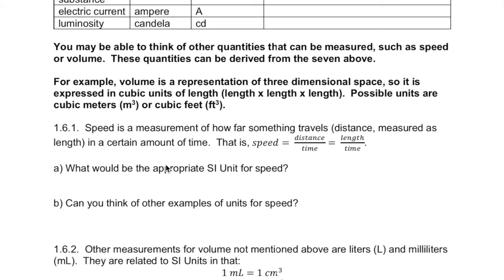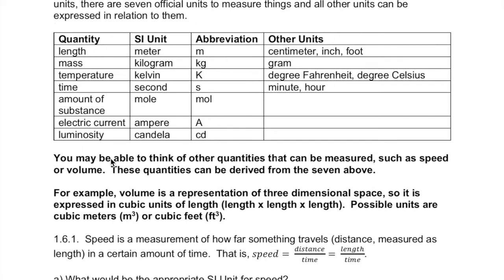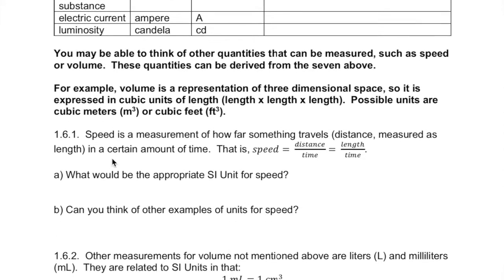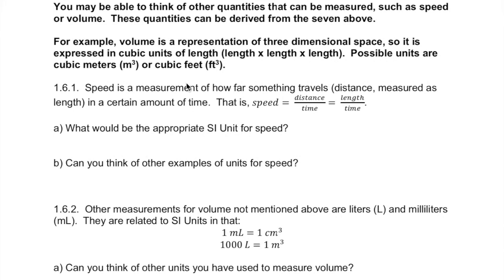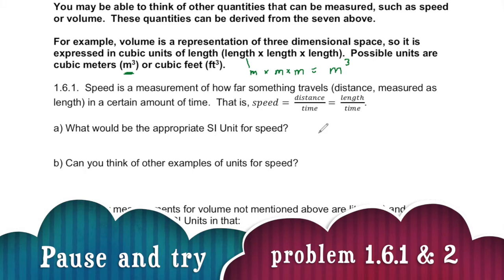For example, volume: there's not a specific SI unit of volume, but volume is three-dimensional space, so it's length cubed. Length times width times height, but three length measurements cubed. And so the SI unit for volume would be cubic meters, because each length measurement has a unit of meters. So meters times meters times meters would be cubic meters. That is one way to express volume using SI units.